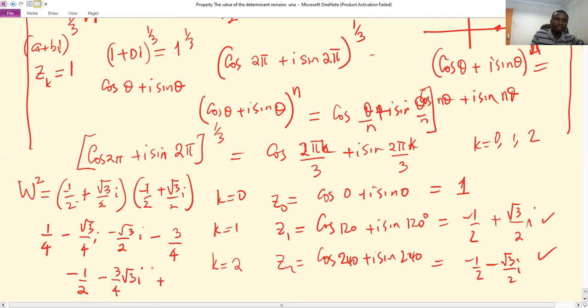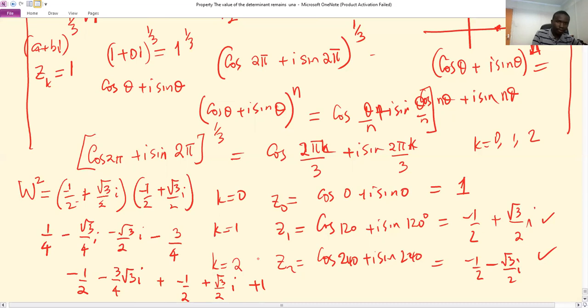Now, if we add this one to omega, which is negative a half plus root 3 over 2 i, and then we add 1, we'll have negative a half plus negative a half, which is negative 1, then plus 1, 0.